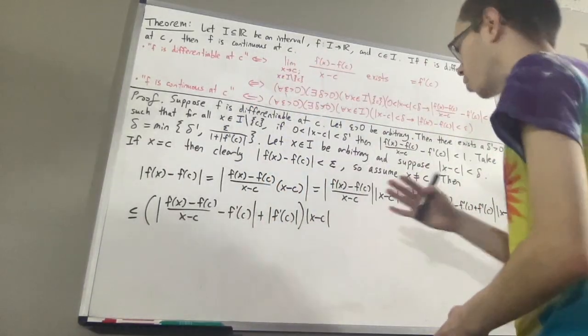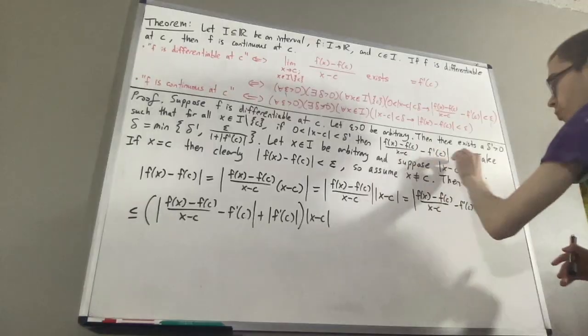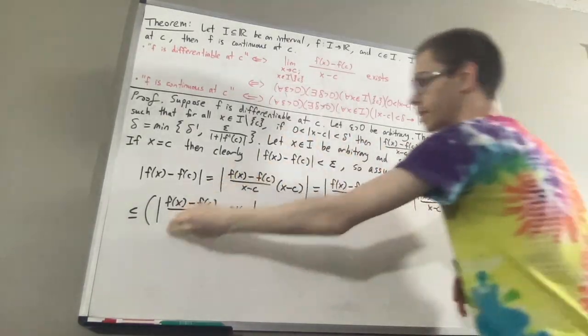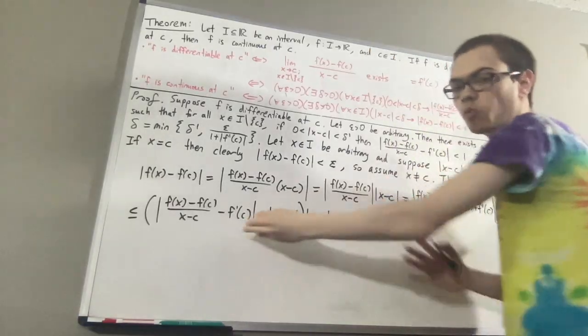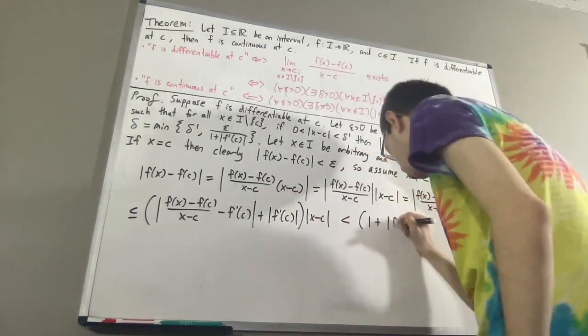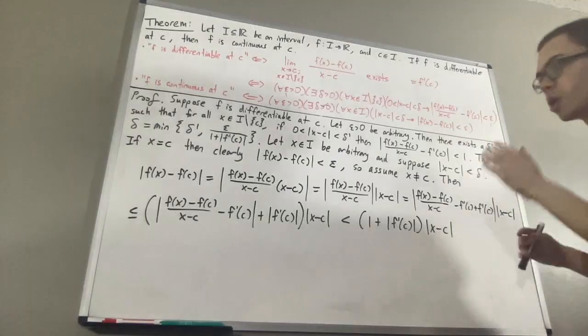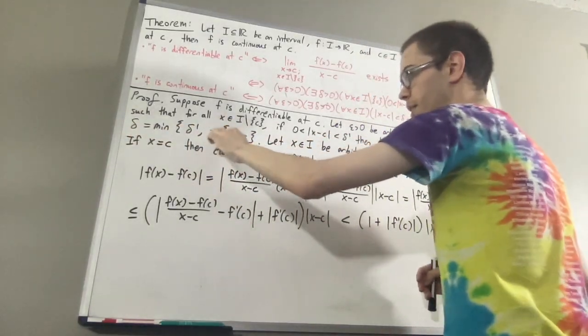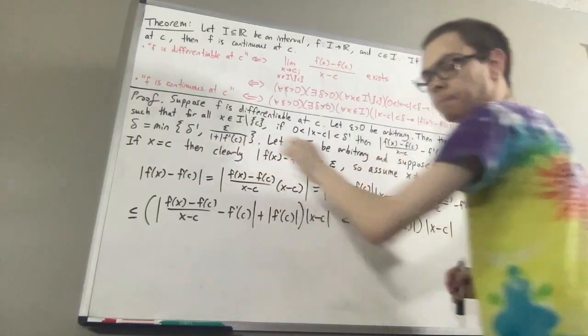But as we mentioned earlier, this inequality holds for our arbitrary x. So we can be sure that this guy right here is less than 1. But also note, delta is less than or equal to epsilon over 1 plus absolute value of f prime of c.